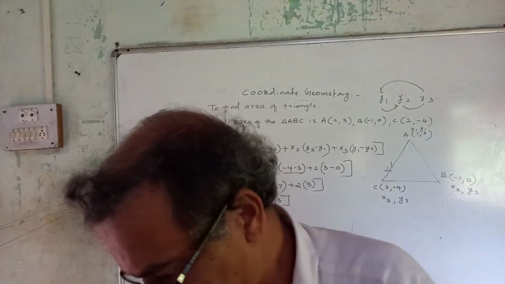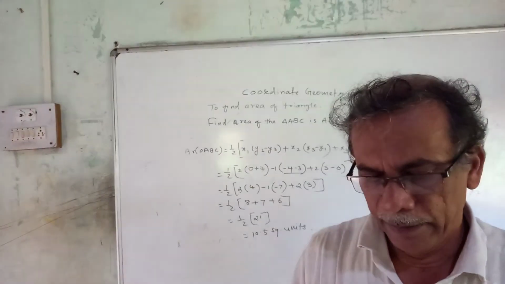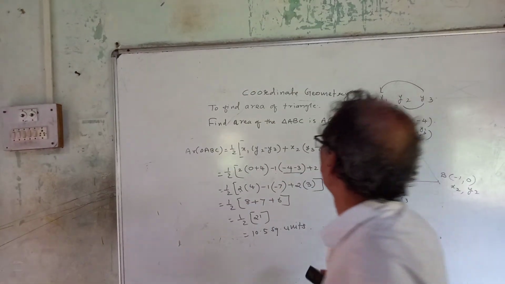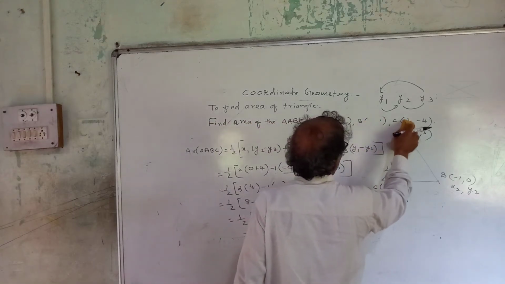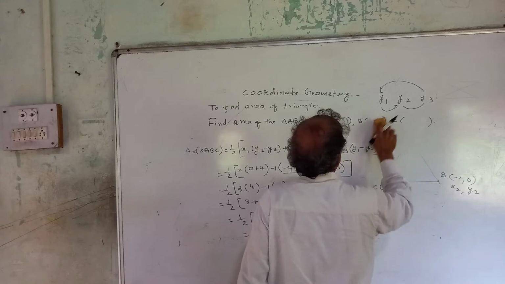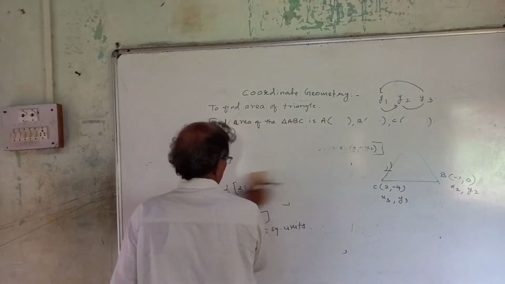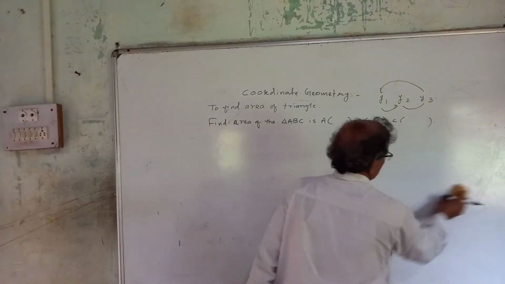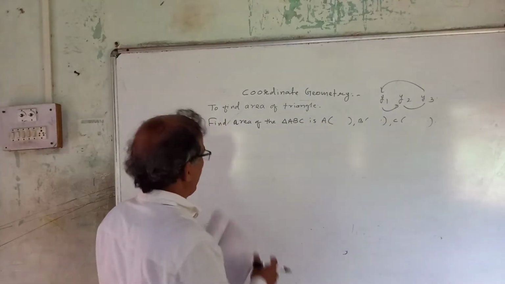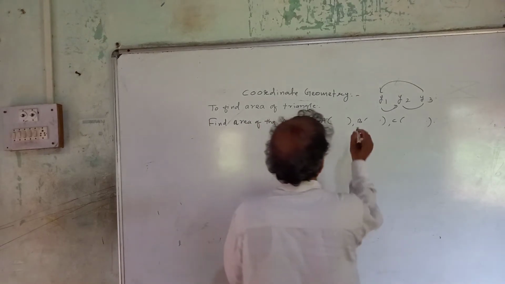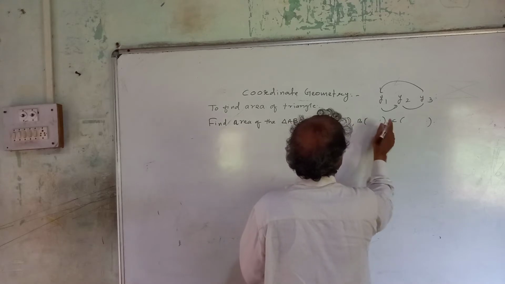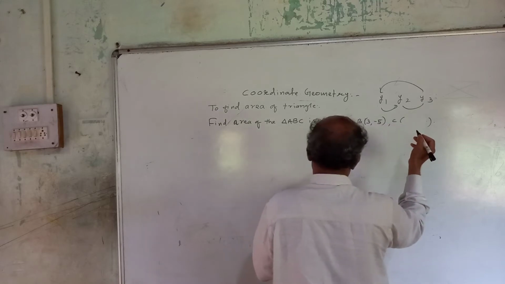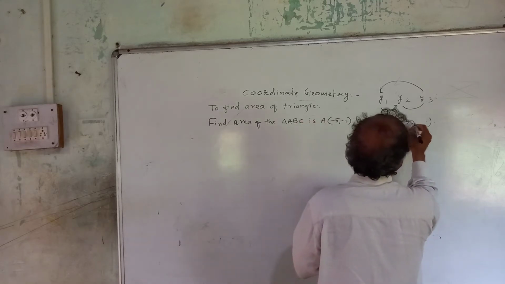if you know the coordinates of the vertices of the triangle. Then I shall give you one more example. Find the area of triangle ABC if A (-5, -1), B (3, -5) and C (5, 2).